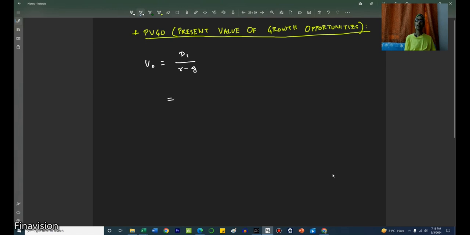So this is equal to E1 into payout ratio, which is 1 minus the retention ratio, divided by R minus G, is equal to E1 by R minus G minus E1 into B by R minus G.